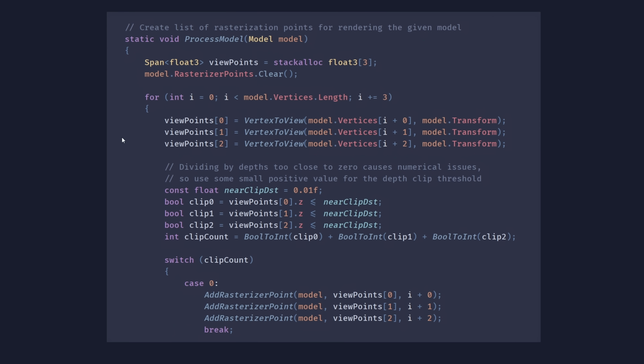Then each frame we run through all the triangles in the model and calculate their view space positions so that we can test which of their depths are below our clipping threshold. After that, we can count up how many vertices will need to be sliced off, and if that number is 0, then we simply add the 3 points to the list without any modifications.